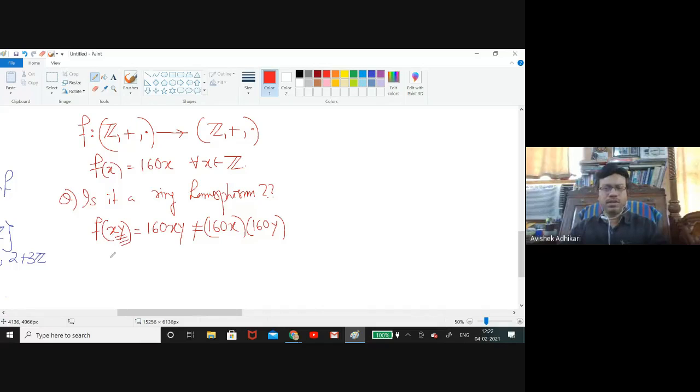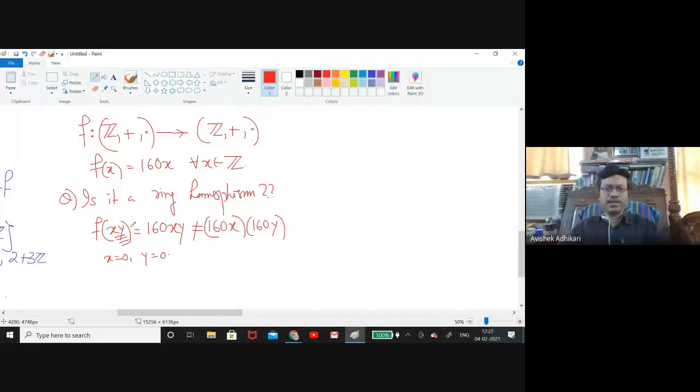For example, if x equals 0 and y equals 0, then this property is satisfied. Sometimes students make a mistake here.